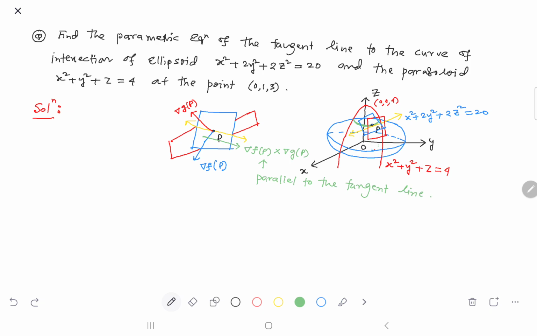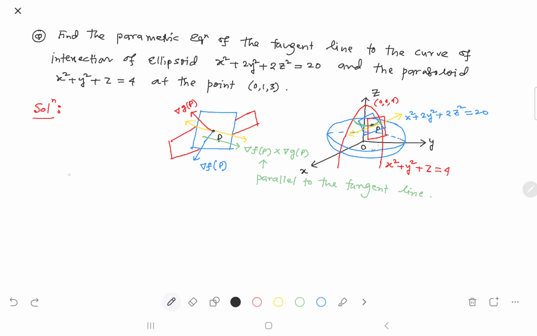Clear? So to write down the equation of the tangent line, we have to calculate the gradient of both surfaces, and then take the cross product of those two gradients, and we get the vector which is parallel to the tangent line.